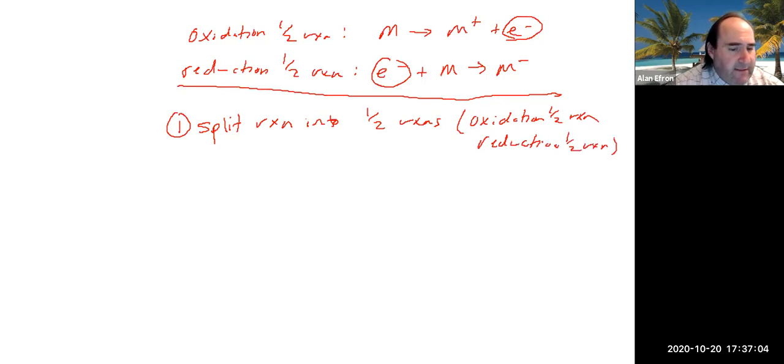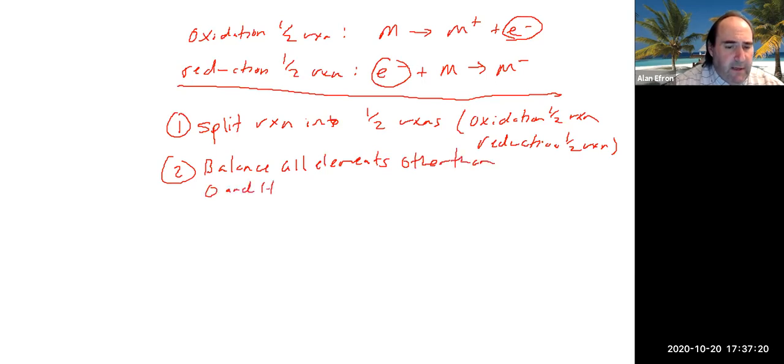And once you have split both of these up, the next thing you want to do is balance all elements other than oxygen and hydrogen. So we want to balance every other element that's there, just like we normally would with a coefficient, every element but oxygen and hydrogen.